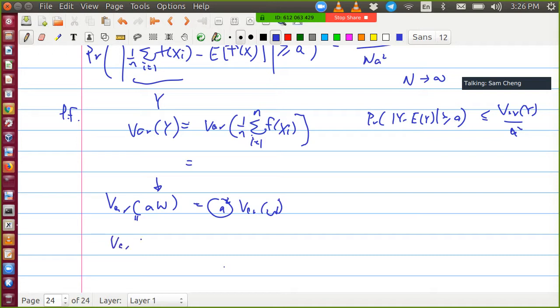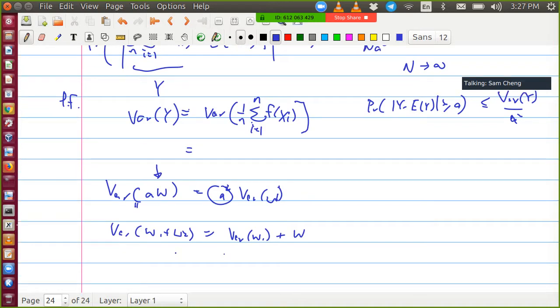And also, what is variance of w1 plus w2? Variance w1 plus variance w2. Yes. Actually, I should be careful here also. I can do this only when these are independent, or uncorrelated.